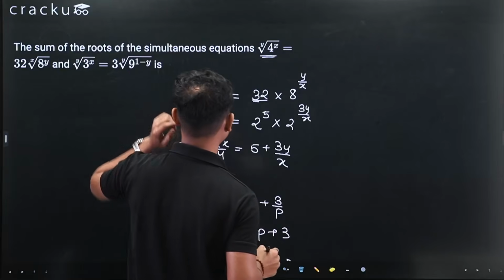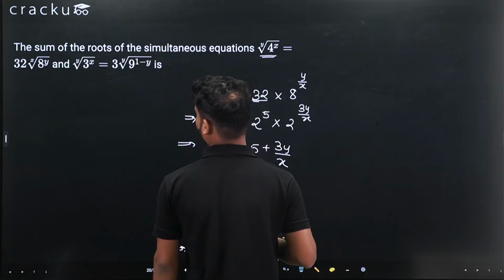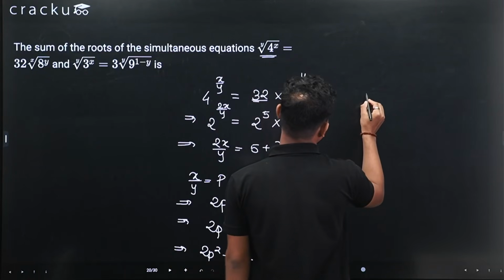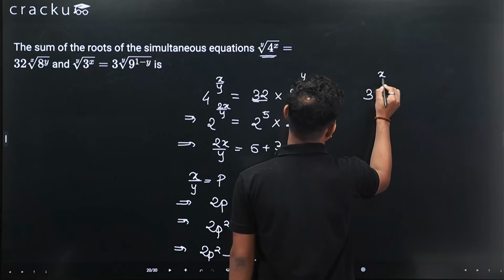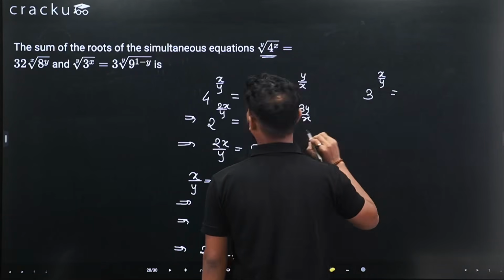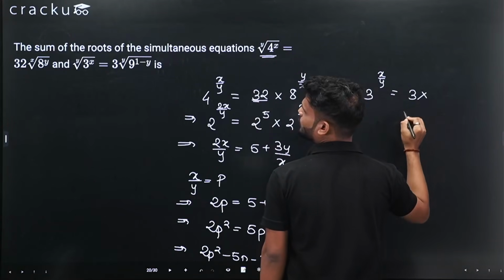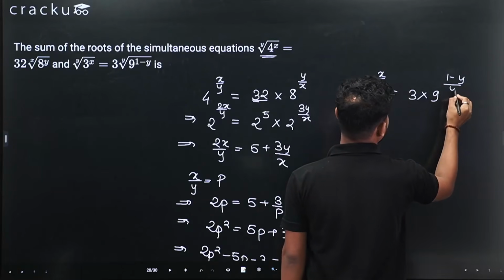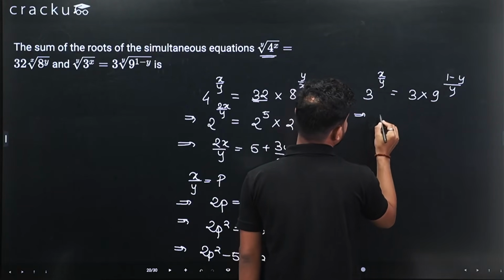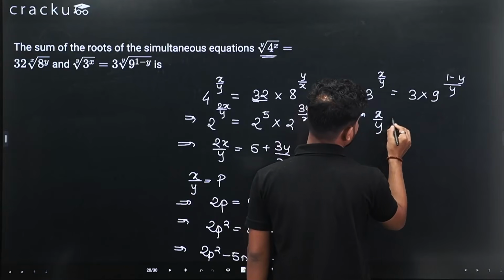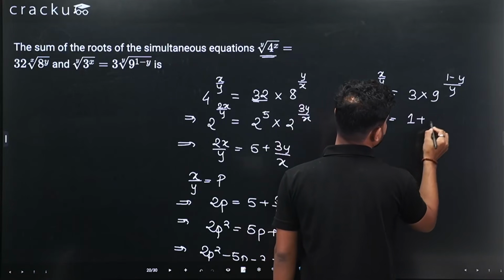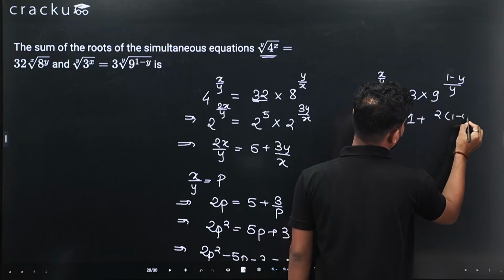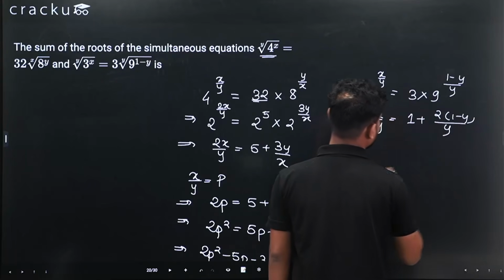Now let us try to find for the second equation. For the second equation it is given 3 raised to x by y is equal to 3 into 9 raised to (1 minus y) divided by y. From here what I can say? I can say x by y is equal to 1 plus 2 into (1 minus y) divided by y.